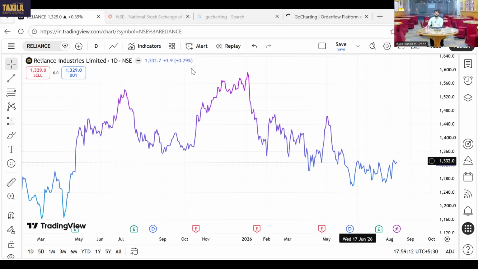So let me tell you once again, on 28th July, Reliance came down. And what was the price of Reliance on this particular date? Can you check? It was 1267.